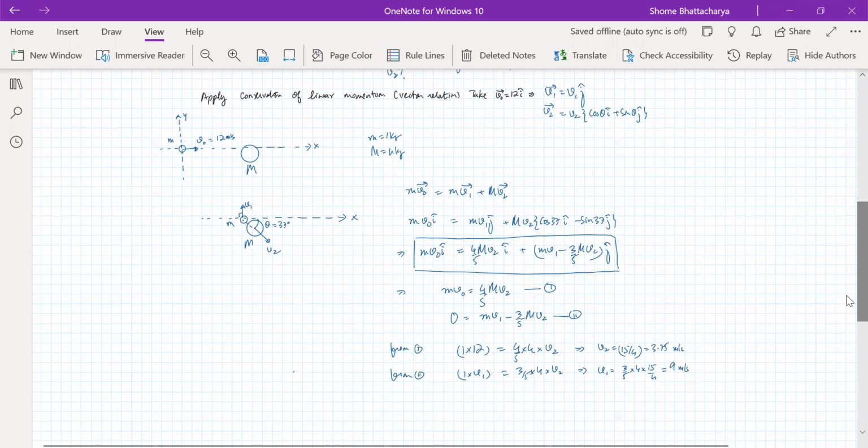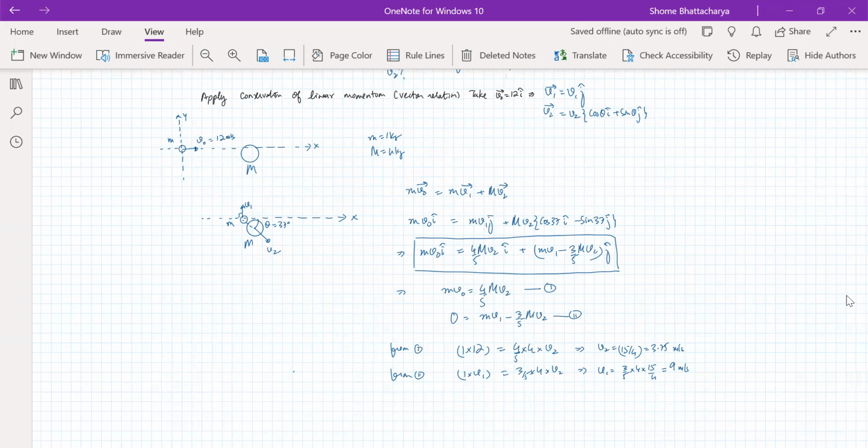One equation for conservation of momentum along the x-axis, which we have taken as the direction of V0, and one more along the y-axis, which we are taking as the direction of V1, or the line perpendicular to V0. Okay, so note this down.